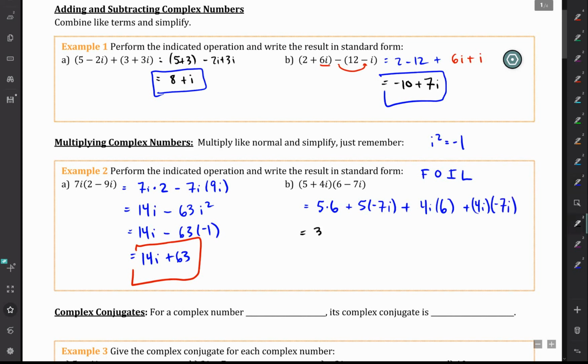And now we're going to simplify that. So this is 30 minus 35i plus 24i, and then finally minus 28i squared.